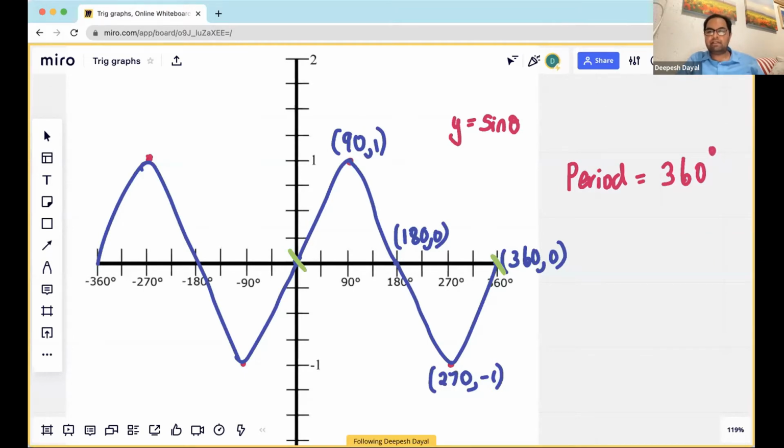And what is the height of this graph? What is its amplitude? What is the height of this graph? How tall is it? 1. Yes, this is the height here. Thanks for that.